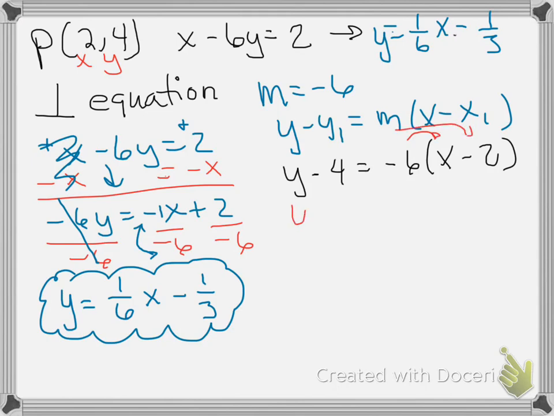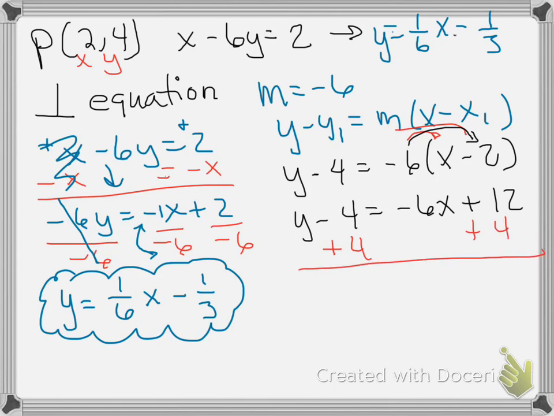So y minus 4 equals negative 6x, and now negative 6 times a negative 2 is a positive 12. We have a subtract 4, so we get the y by itself by adding 4 to both sides. And so look, y equals negative 6x plus 16.